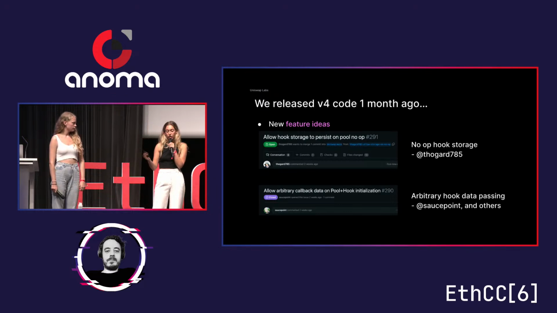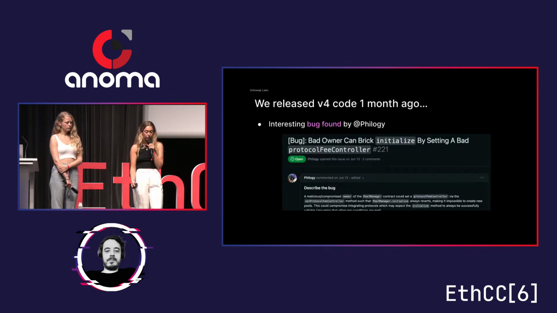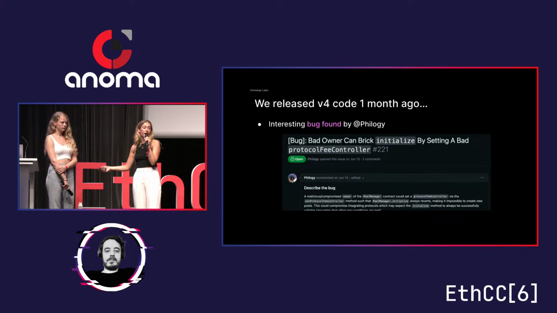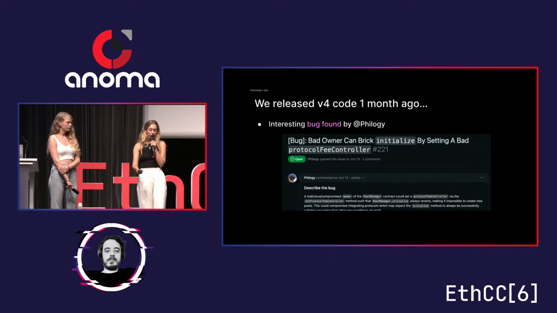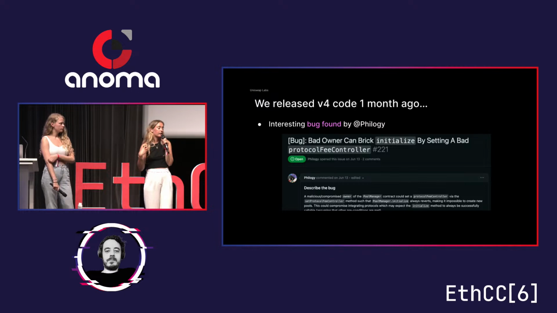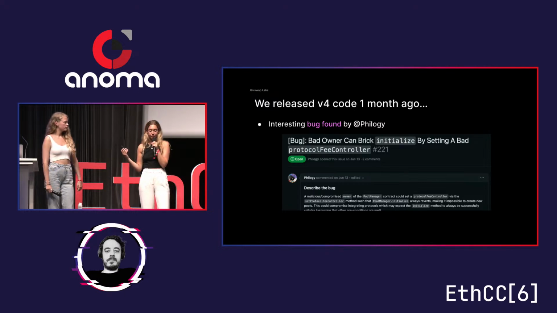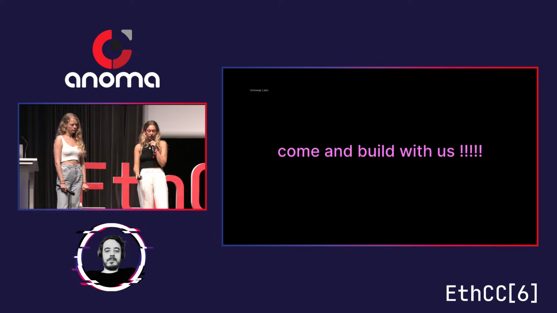So shout out to these community members for these ideas. Also, as expected, this protocol is still in development. There are bugs to be found. This was a really great submission from someone in the community, and helped us find these bugs quicker so that we can fix them.